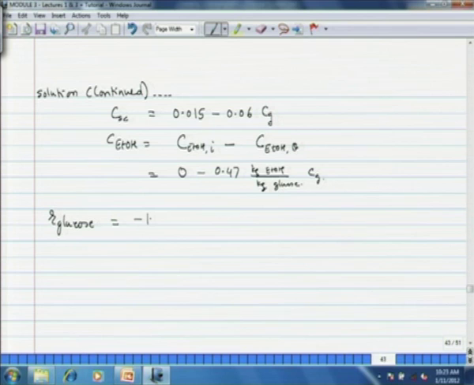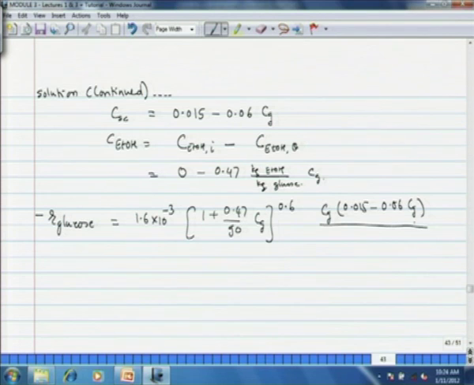Minus R glucose is equal to 1.6 into 10 to the power minus 3 into (1 plus 0.47 by 90 C glucose) raised to 0.6 into C glucose into (0.015 minus 0.06 C glucose) divided by (C glucose plus 2), and then putting this into the previous integral, dCg by R glucose, with limits as initial concentration 15 and final concentration 0.75.